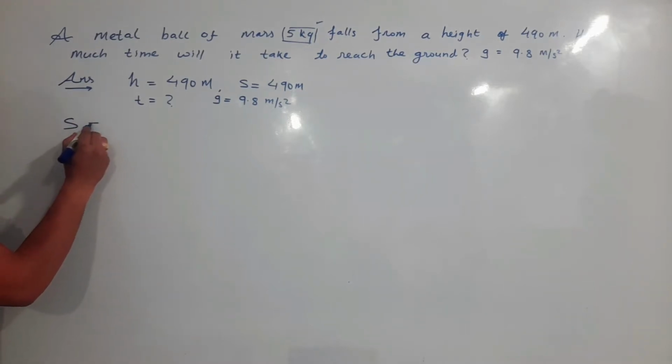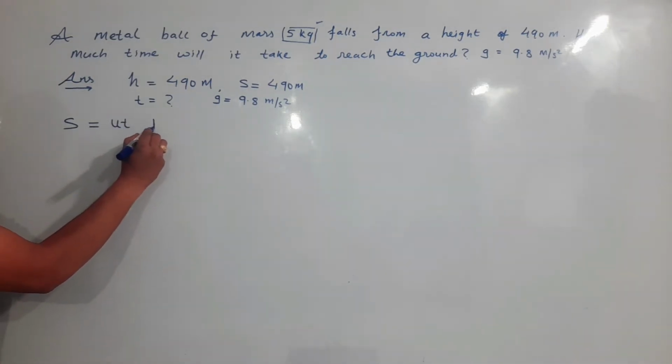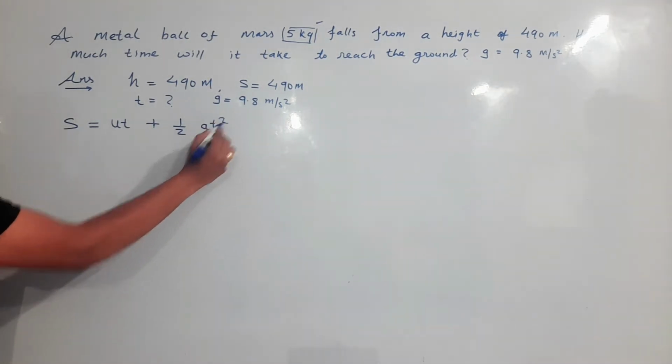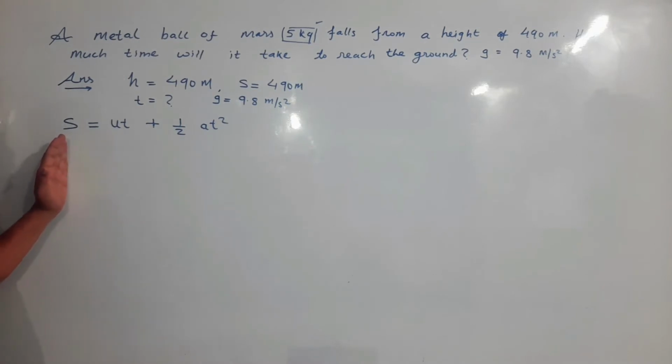S is equal to ut plus half at square. My dear student, this kinematical equation gives us the relationship between the distance travelled by the body and the time.